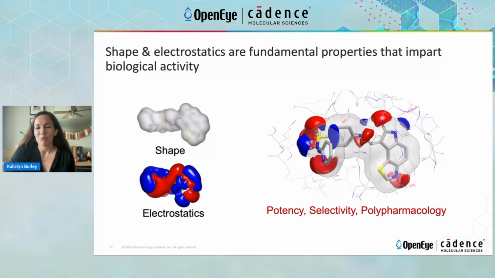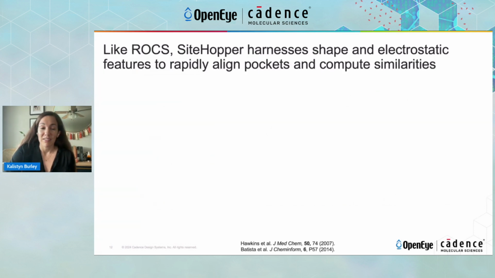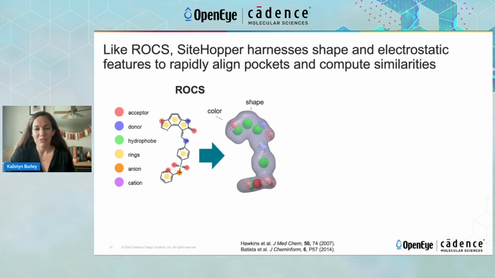These two principles have been employed very effectively in our tool ROCS, which is our ligand similarity search tool. In ROCS, we're taking the representation of our molecule and recasting it as a representation where we include the shape as well as colorimetric features to describe, or as a cognate of, the electrostatic features of that molecule.